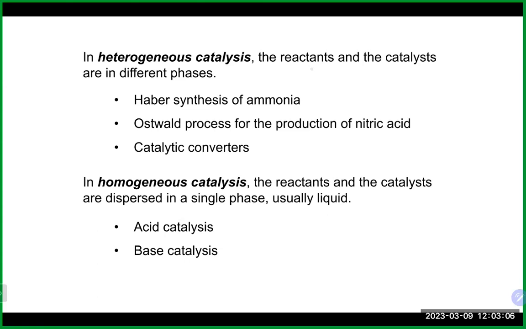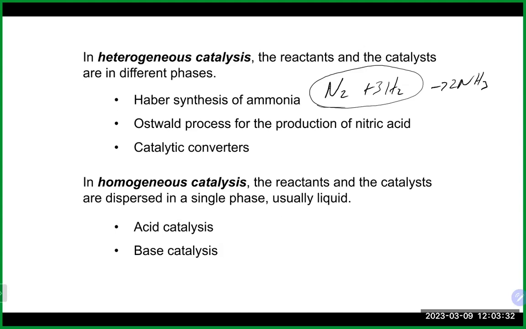So something like the synthesis of ammonia, N2 plus H2, making some ammonia here. Again, a very slow reaction will take place, but it will take a long time. But the addition of a catalyst allows these gas molecules that are flying around to hit a centralized location. Production of nitric acid, catalytic converters, right?